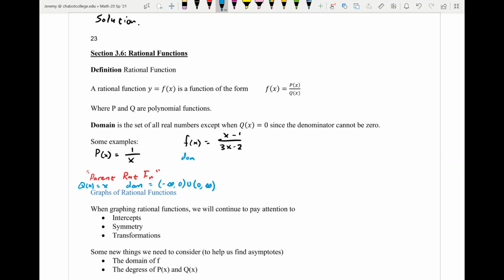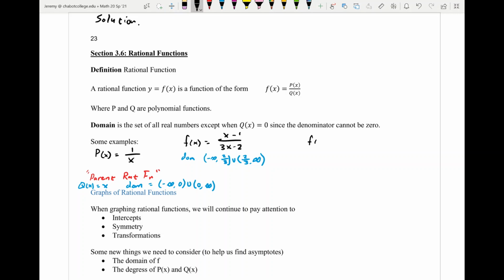If you did that here, you would get that the only 0 of the denominator is 2/3. So the domain for this one would be negative infinity to 2/3 union 2/3 to positive infinity. So all real numbers except for 2/3.